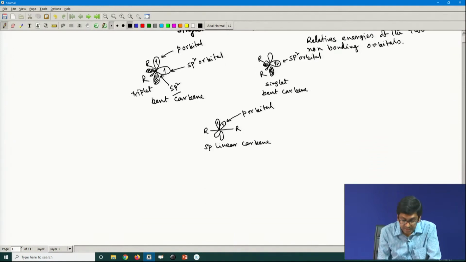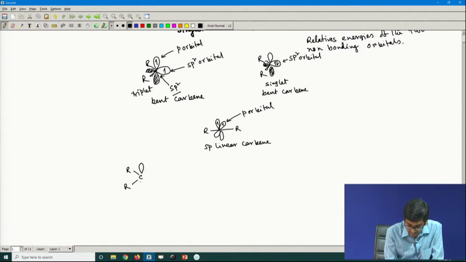If you see the geometry for the triplet and singlet carbene, for the triplet carbene, I am just drawing it.